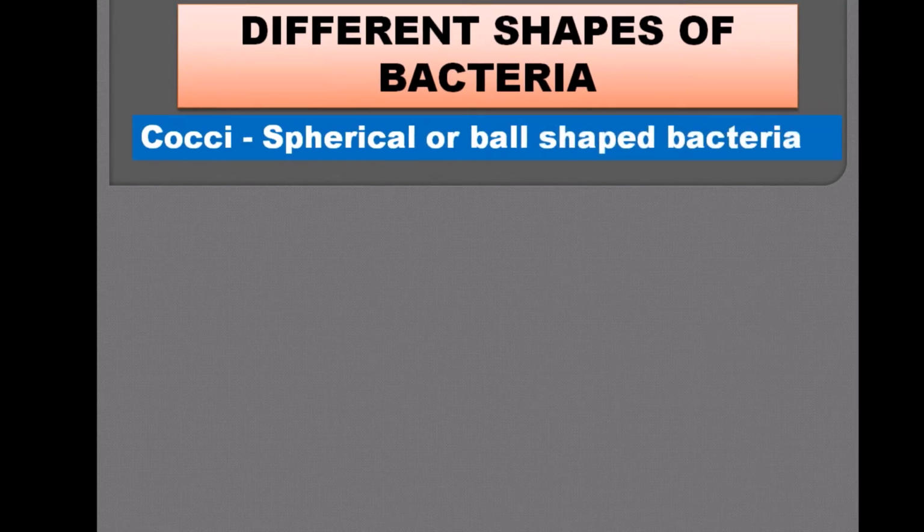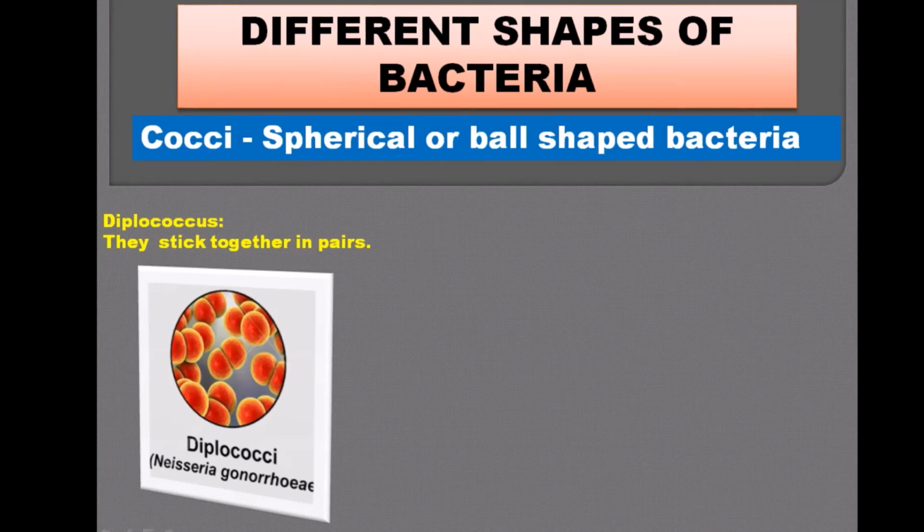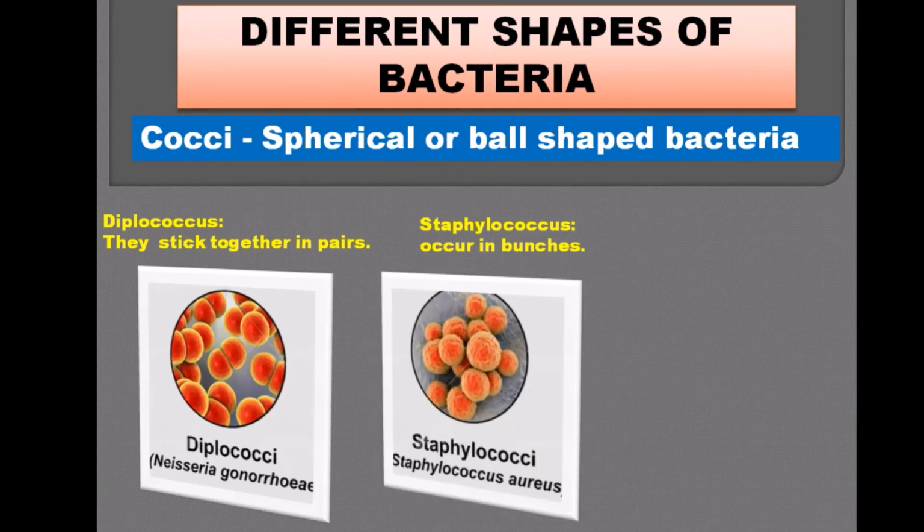Then what about cocci? They are either spherical or ball-shaped bacteria. Diplococci stick together in pairs. Neisseria gonorrhoeae is an example of this type. Staphylococci occur in bunches, for example Staphylococcus aureus.